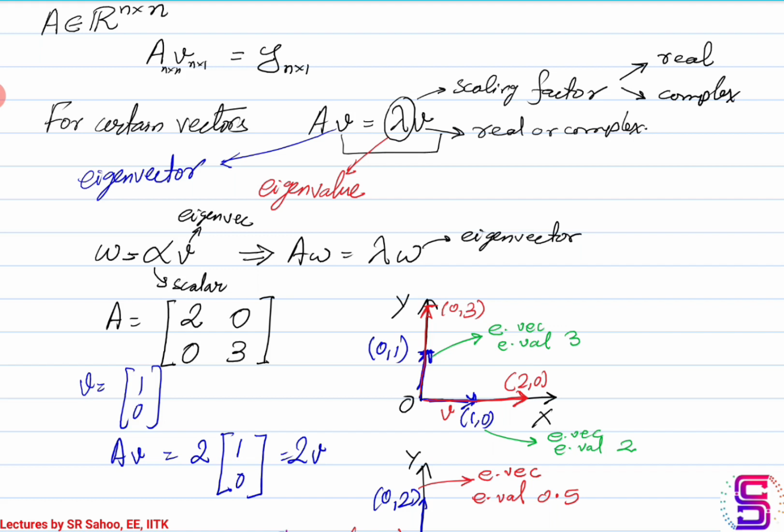We also saw that for a given matrix and a given eigenvalue of that matrix, the corresponding eigenvector is not unique, because if you take any scaled version of that vector, the scaled vector is also an eigenvector corresponding to the eigenvalue.